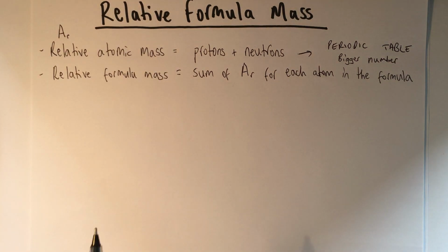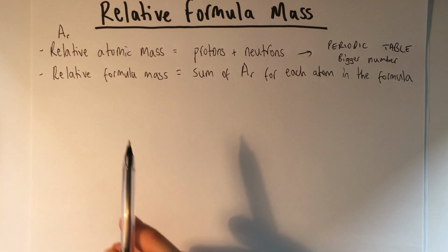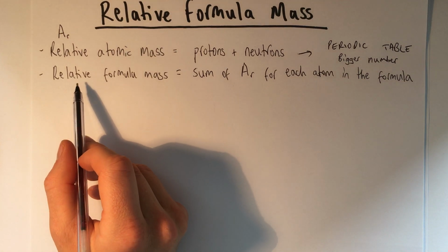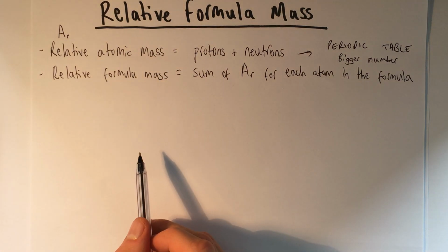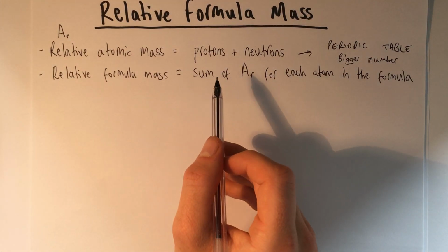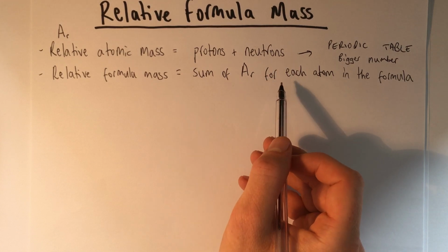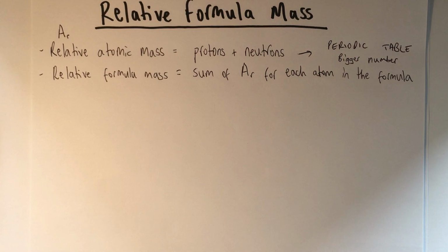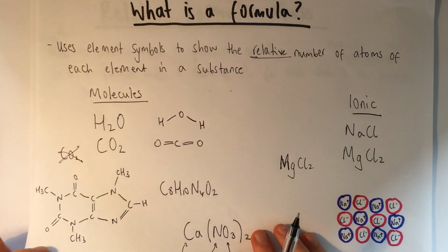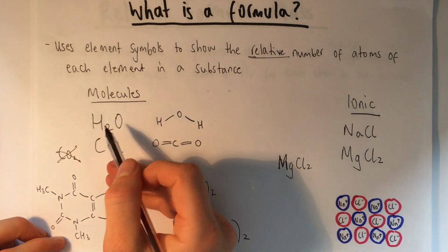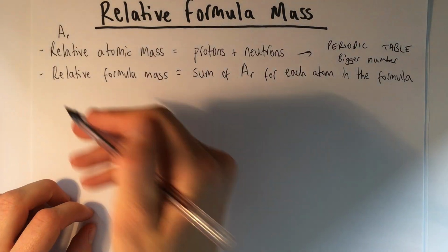When we then go to compounds, which have got more than one atom in, then we need to know the relative formula mass. And to find that, we add together all the atomic masses for each atom in the formula. It's as simple as that. So let's go through these examples that I came up with. First one, water, really simple, H2O.